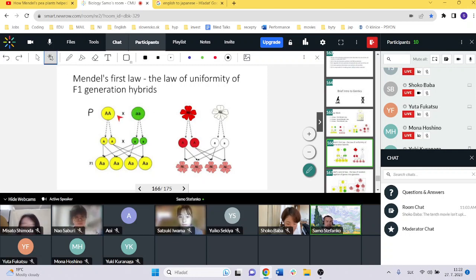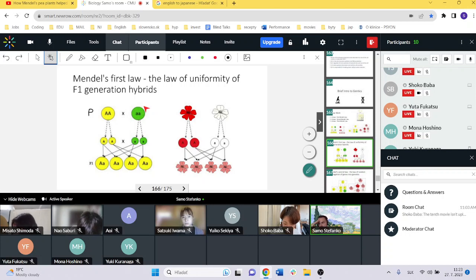The first one, dominant, in our case yellow, is dominant homozygous, and is from a different pure line than the green, homozygous with recessive alleles. So it's from a different pure line, but they are homozygous. They share the same trait in the generations. That's the pure line.